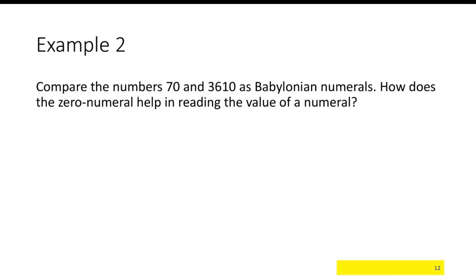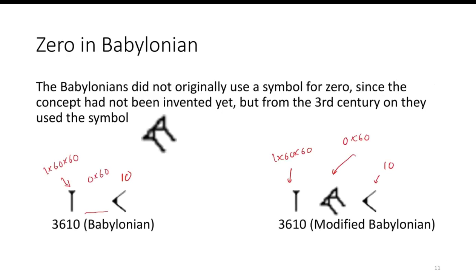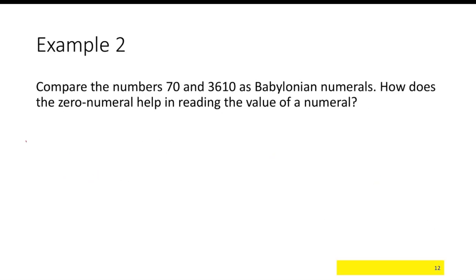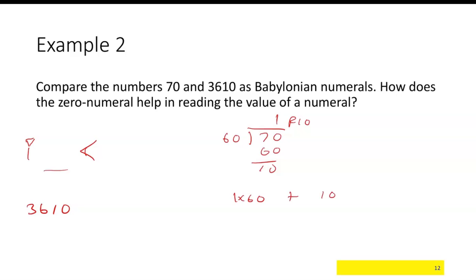We already have 3,610 right here. But that's basically a 1 symbol and then a 10 symbol to the right, where there is this hidden space. As for 70, what you can do is figure out how many times 60 goes into 70. It goes in once with a remainder of 10. So think of this as 1 times 60 plus 10.